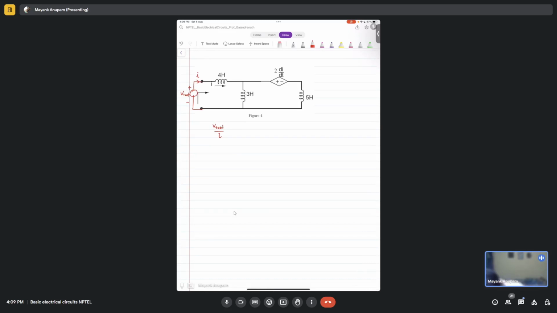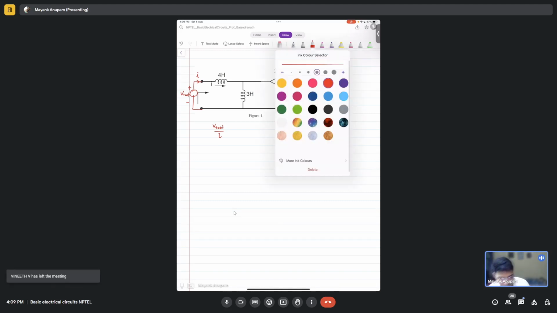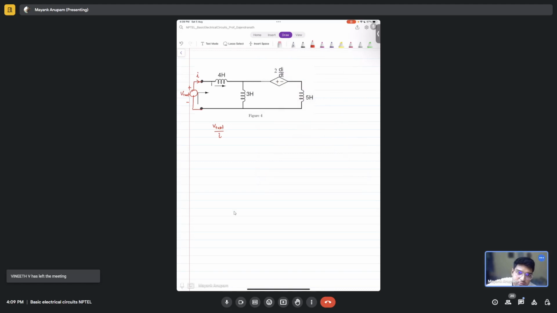Anyway, I was asking what now. I need to apply a voltage source V test here and then find the current which is flowing through it. Now I think we'll have to write some KVL, KCL equations here, right? So what should I do? Should I proceed with KVL or KCL? One guy is saying KVL, one guy is saying KCL.